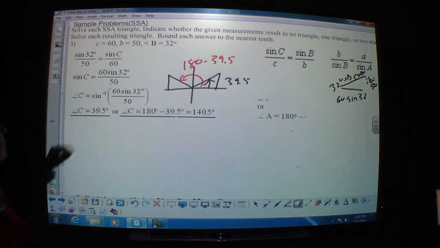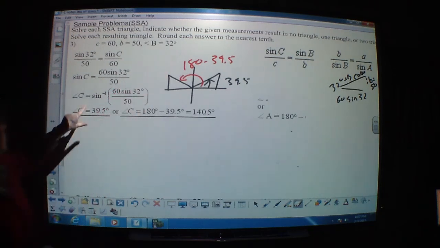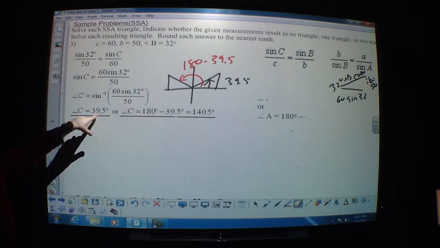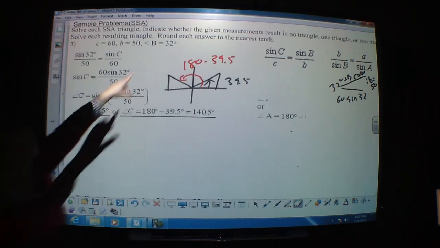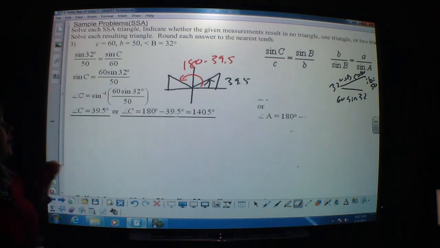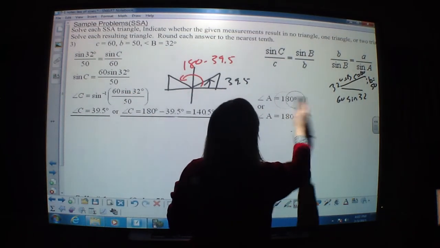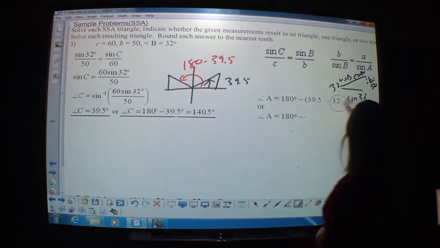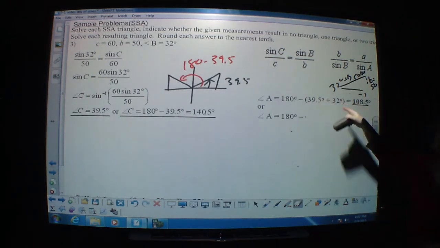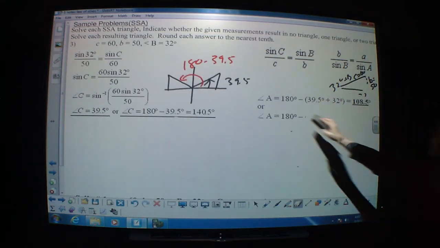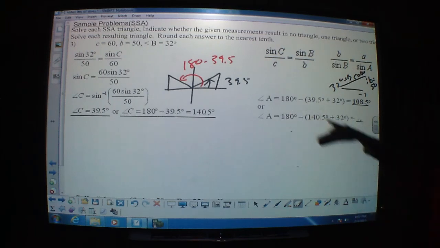So if I'm doing that, angle B could be 32, angle C could be 39.5, and angle A could be 180 minus the sum of those, or angle A could be 180 minus the sum of these. So 180 minus the sum of the 2 smaller angles, or 180 minus the 32 and the 140.5.